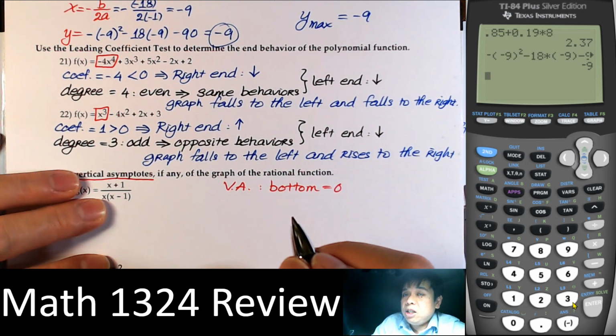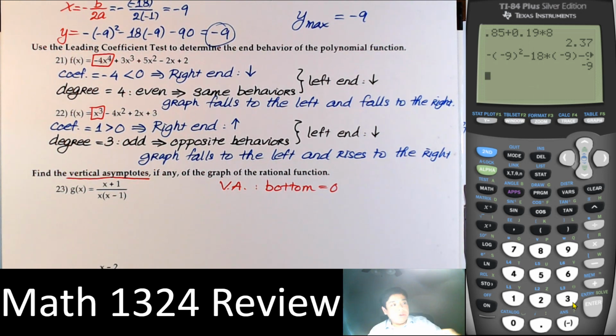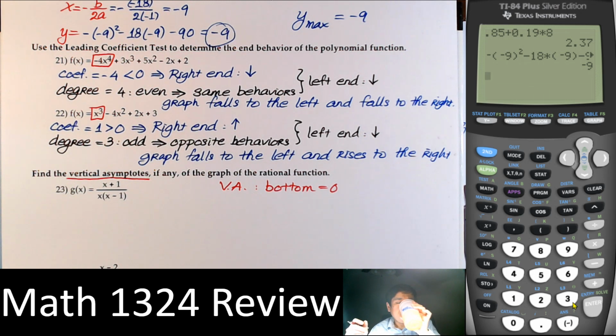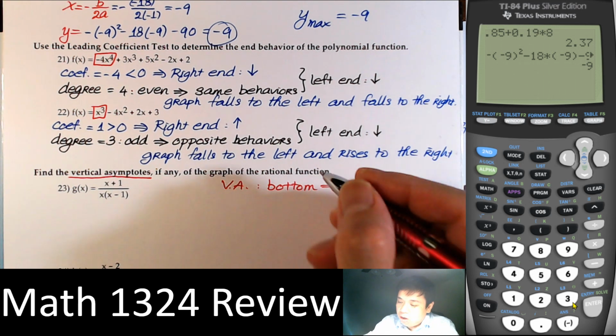If the bottom is equal to 0, dividing by 0 is undefined. And a vertical asymptote is where the graph has a break, where the graph is discontinuous. So that's why we want the bottom equal to 0. So that's why we have a break on the graph.